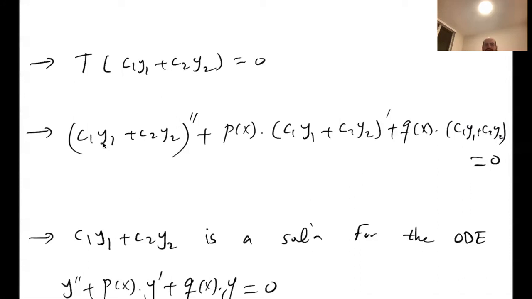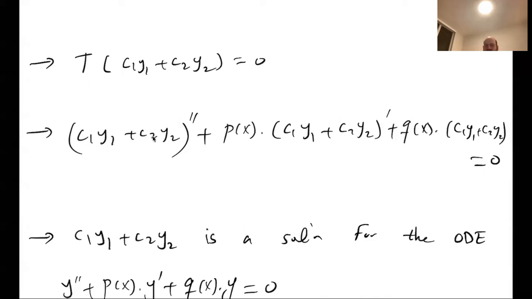You could write C1 y1 second derivative plus C2 y2 second derivative. And then this one you could expand as well, P of x times C1 y1 prime plus C2 y2 prime. And similarly for this one. And then you can arrange the terms. You can arrange this term here with this term all together. And then if you arrange these three terms together, you can take C1 out. And you will see that what will be left inside will be 0, because y1 is a solution for this ODE.